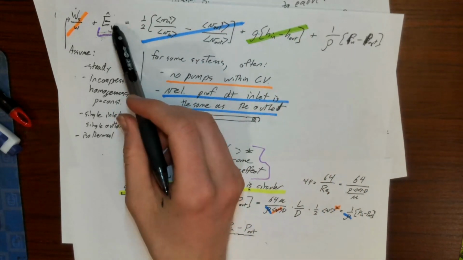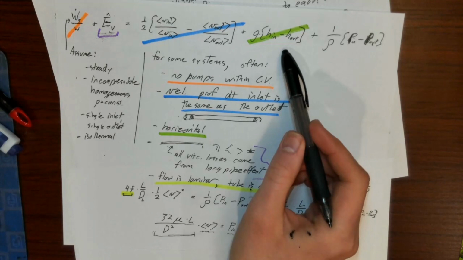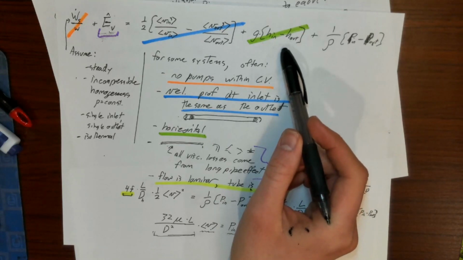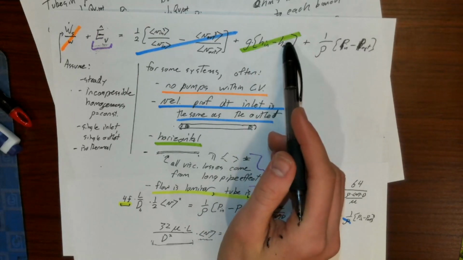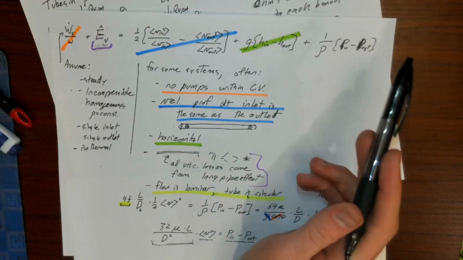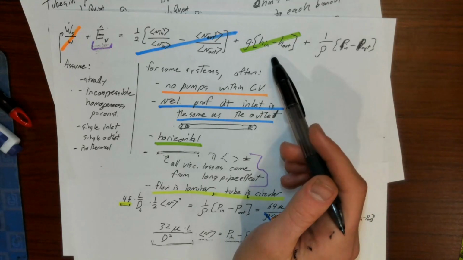If I asked you to start from engineering Bernoulli for every problem, with huge, vast networks of tubes, you would just say, Professor Lannin, seriously, you're going to make us do this?